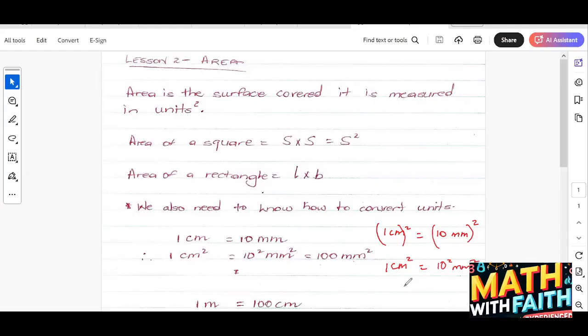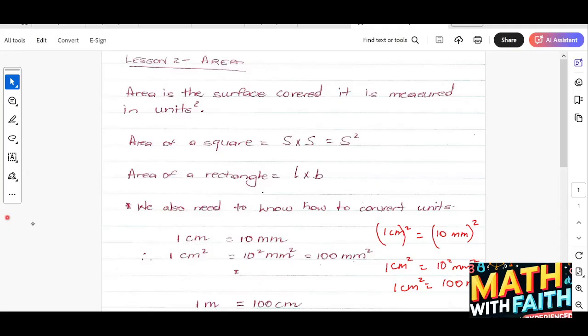So 1 centimeter squared is actually 100 millimeters squared, right? Because we are squaring everything. Just remember that. That's very, very important to remember, right?